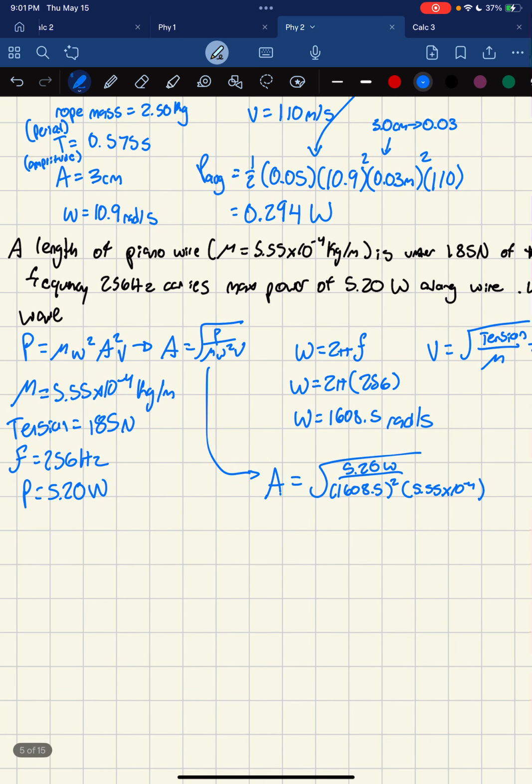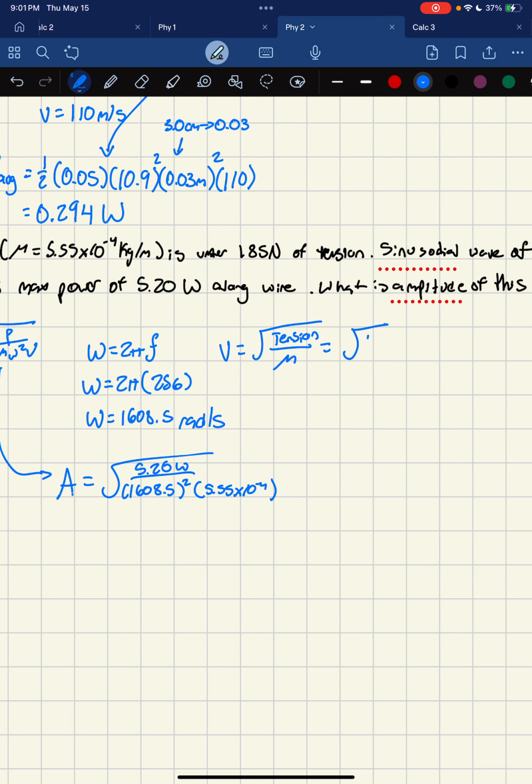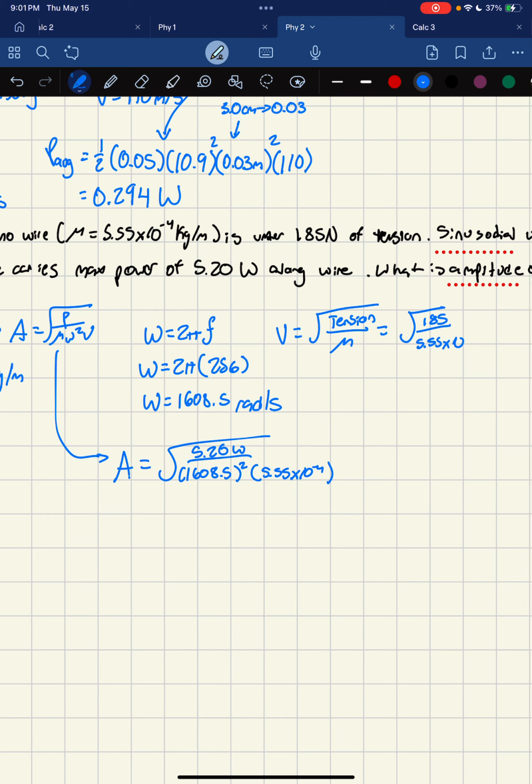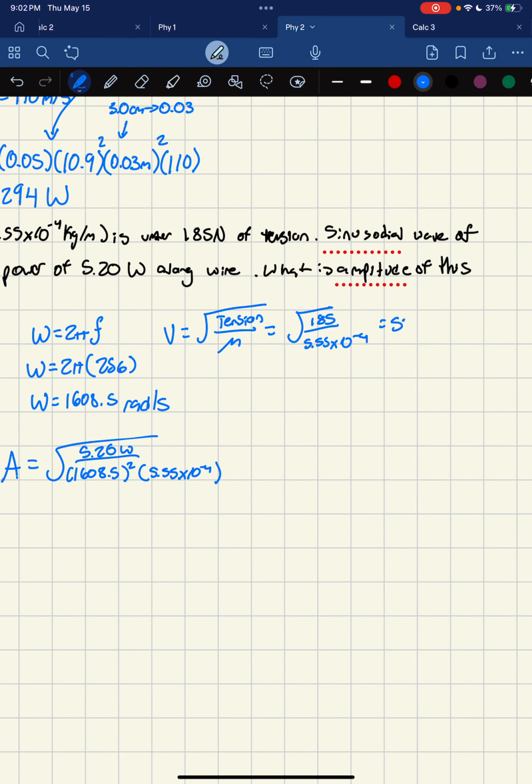So square root of 185 divided by the linear density, which is 5.55 times 10 to the negative 4. Here's the wave speed, 577.35. Okay.